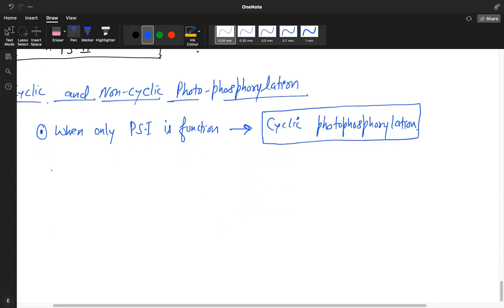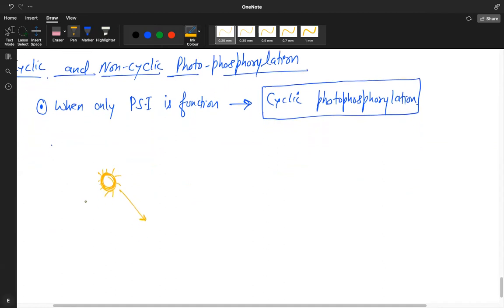Let's see. Again, this is sunlight. Let's say sunlight is falling on what? Only PS1 is there. So there will be a light harvesting complex. In this light harvesting complex, if just photosystem 1 is present, what will happen?